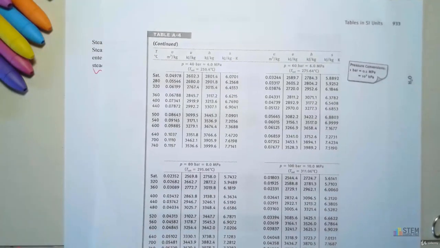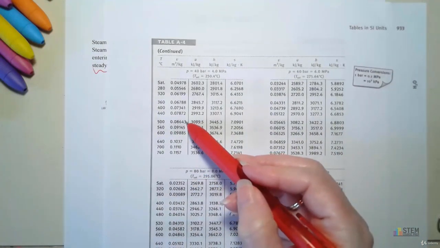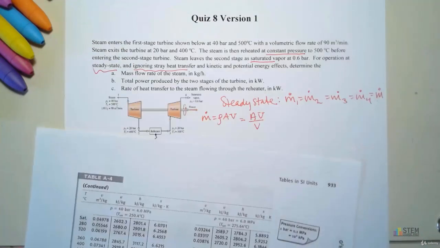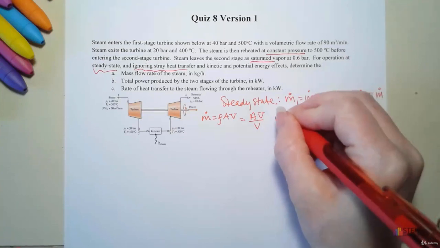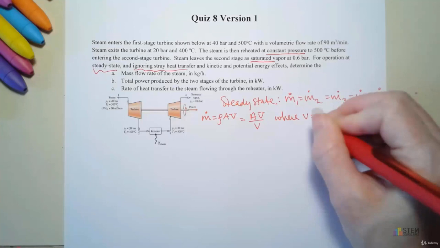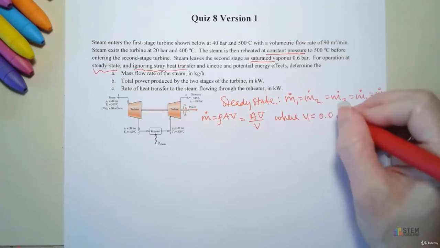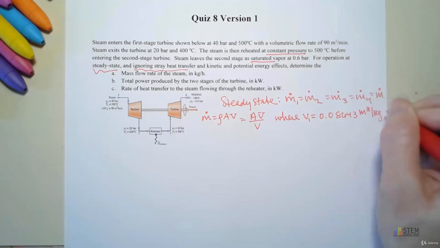So if you look on your table at a pressure of 40 bar and a temperature of 500, you're right here. So 0.08643. That'll be our specific volume number. Let's write that down. Let's just put v1 there. So that's 0.08643 cubic meters per kilogram.